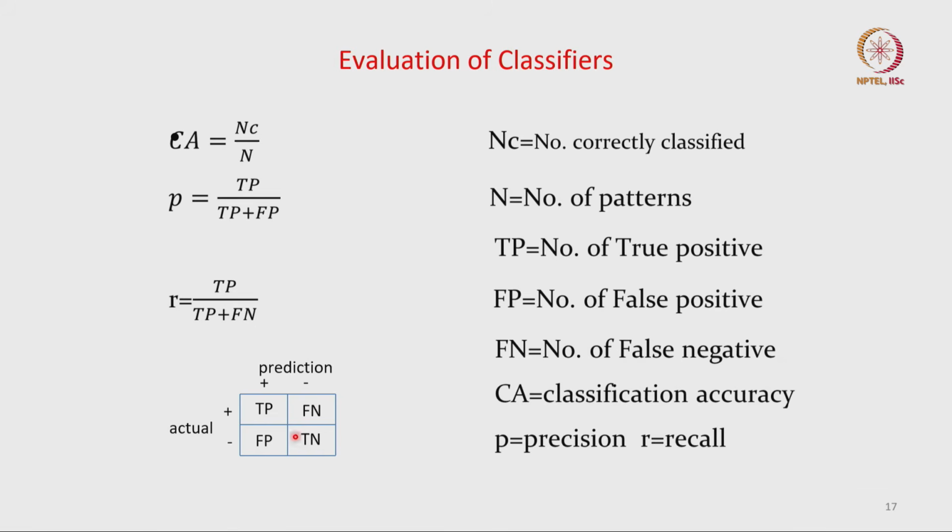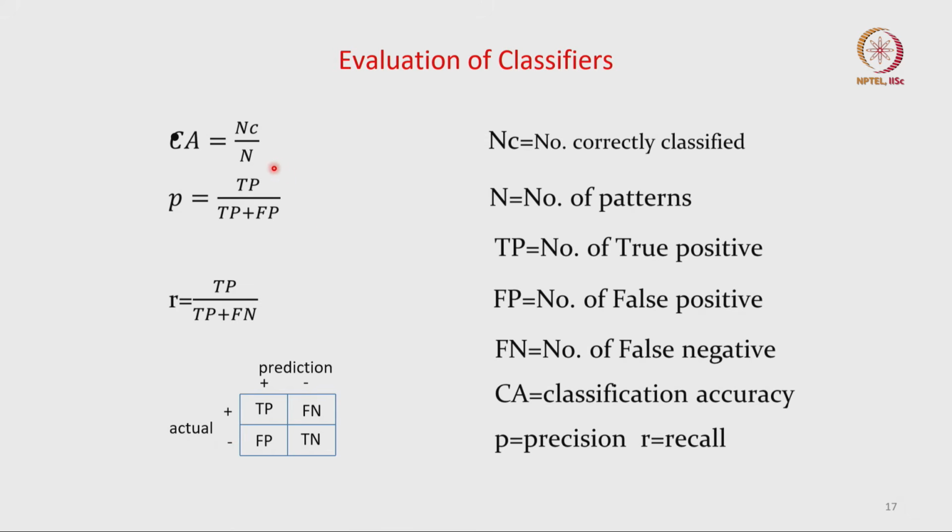So, depending on that you will get what is called the true positive, the false negative, the false positive and the true negative. So, obviously, the total number of patterns you have is Tp plus Fp plus Fn plus Tn.